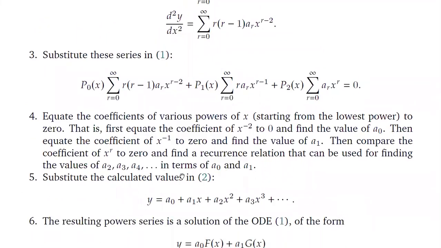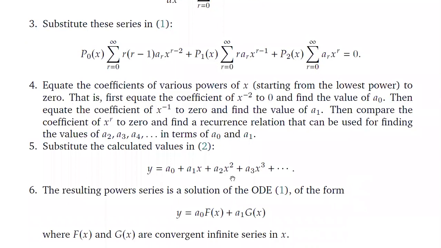After calculating all the required coefficients, the solution for y will be y equal to a0 plus a1x plus a2x square plus a3x cube, etc. But I have already told you that the values of a2, a3, a4 and so on, the remaining terms, will be expressed only in terms of a0 and a1.